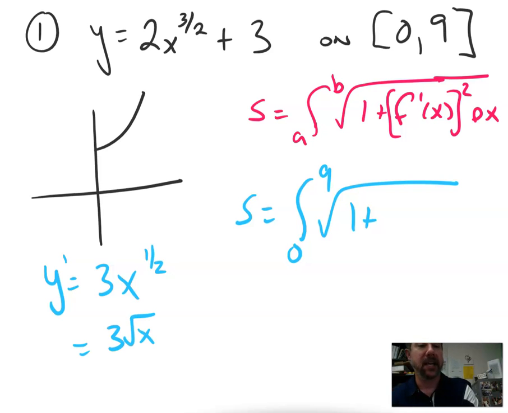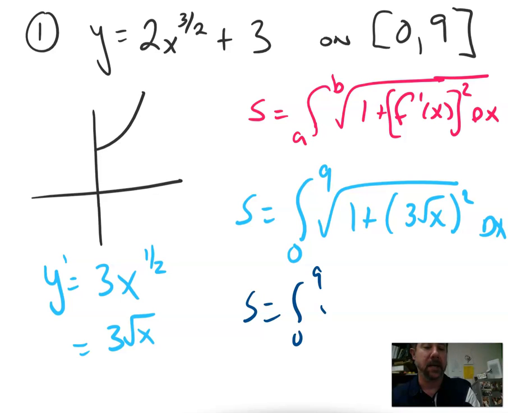Now I need to plug that in and square it, dx. Once you know the formula, this is really just plugging and chugging. S equals the integral from 0 to 9 of the square root of 1 plus 3 root x squared, which is 9x, dx.